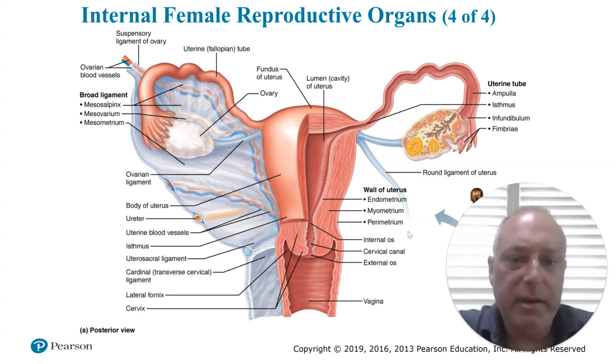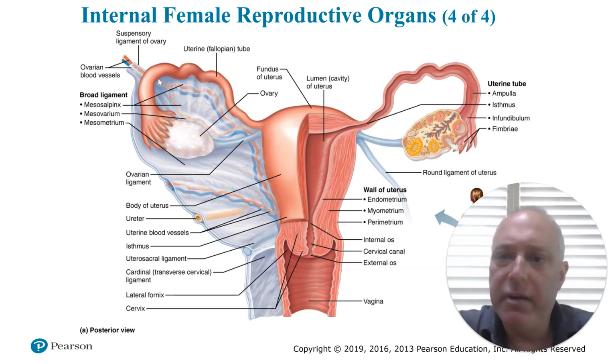Okay, let's look at these ligaments. The posterior of the uterus is held by the round ligament. You've got the ovarian ligament holding in the ovary. The fundus is the head of the uterus, and then we've got the body, and then the cervix would be the exit into the vagina.